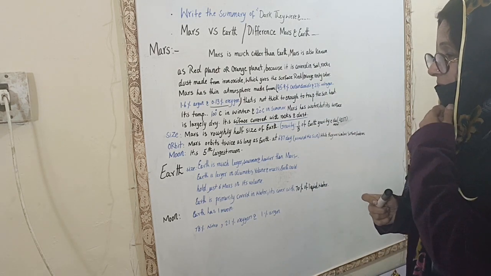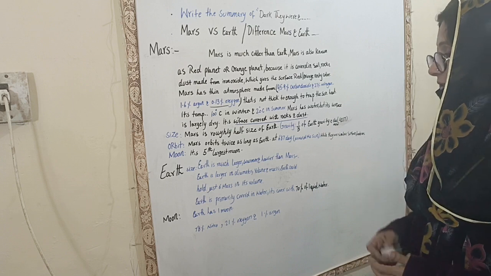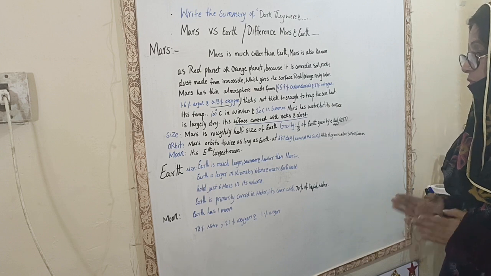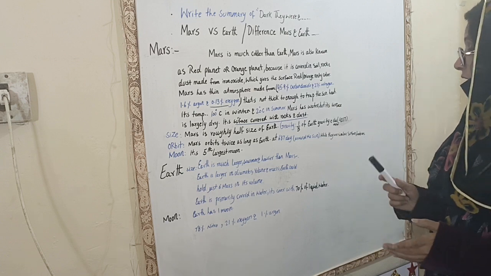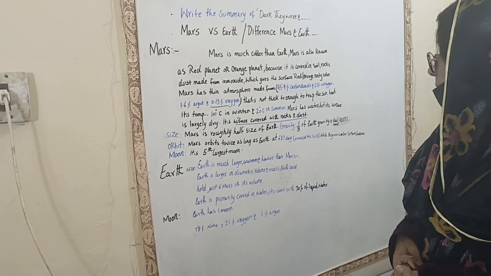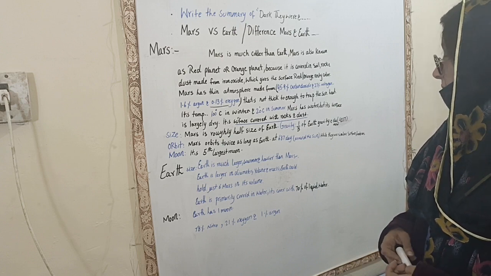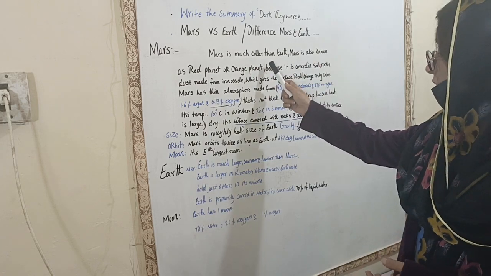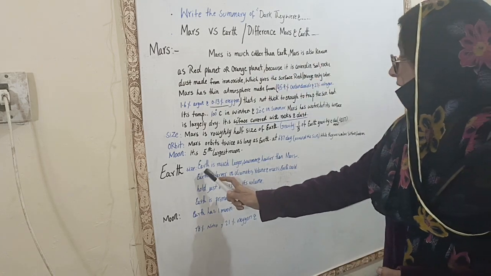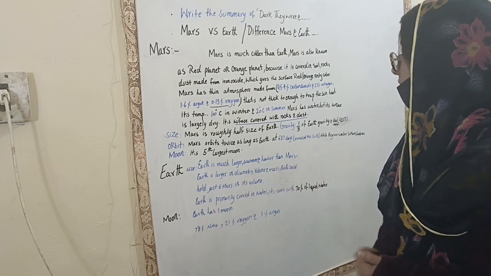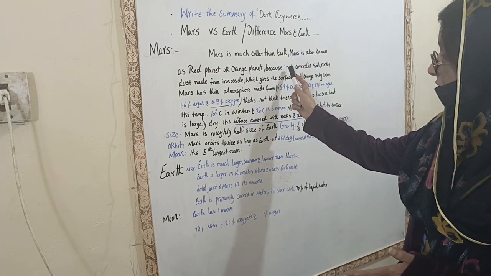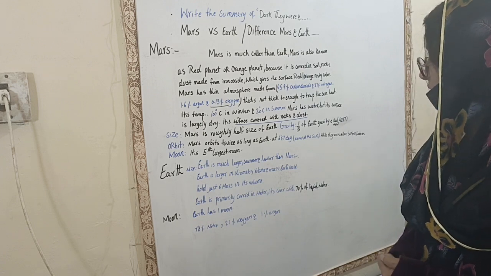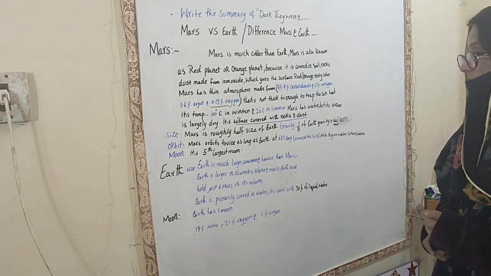Earth is much larger, warmer and heavier than Mars. So Mars is colder and Earth is warmer, and Mars is smaller and Earth is much larger than Mars.